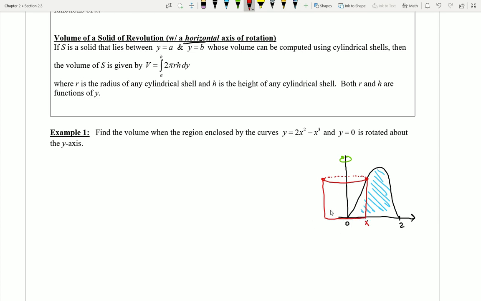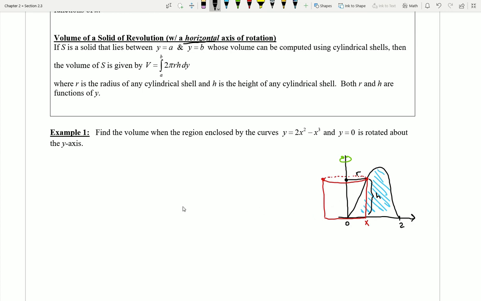This is actually as much as I need to draw at this moment in time. What I'll do now is I'll just go ahead and label a couple things. I'll see that this side over here would represent the height of my shell. And of course, I can draw my radius in here. This would measure my radius of that shell.